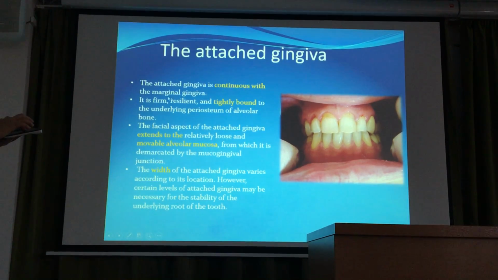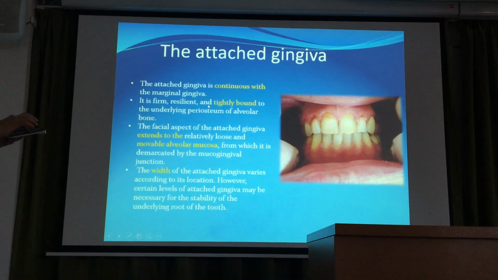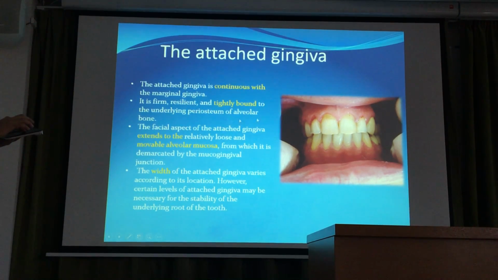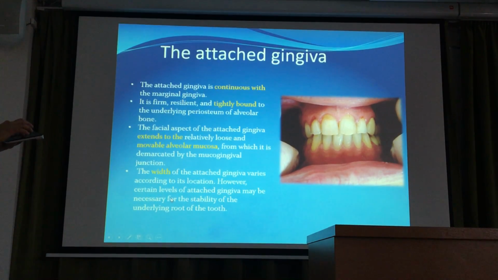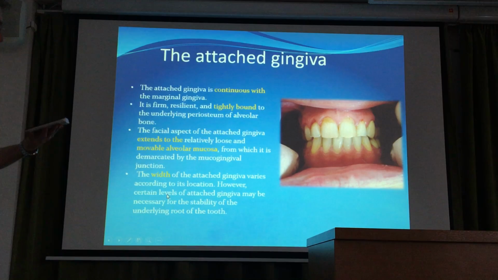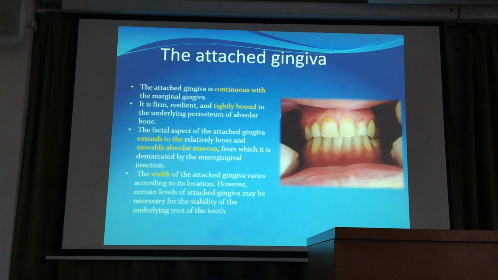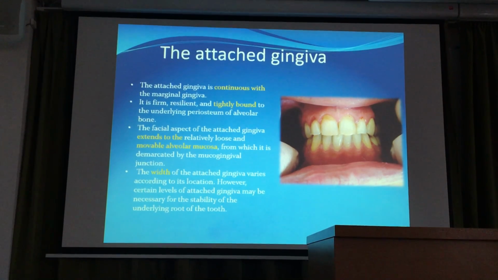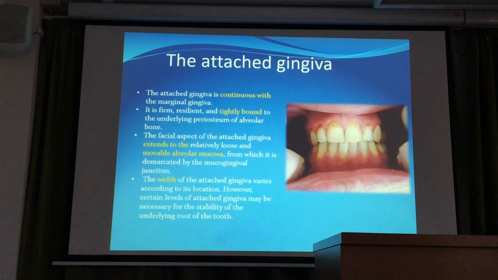What are the characteristics of the attached gingiva? It's very firm, very resilient, and tightly bound to the underlying periosteum of the alveolar bone, and it also extends to the movable alveolar mucosa, which we already discussed. The width of the attached gingiva is highly variable. The front region is a little bit larger.